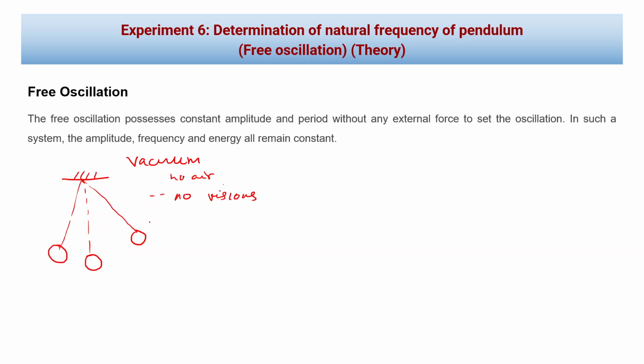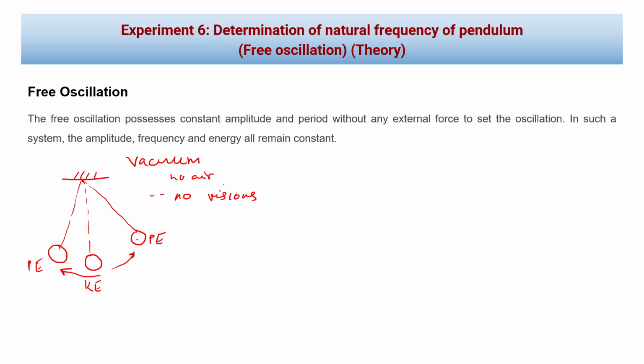If there is no viscous force, then whatever initially, if I took it to this position and left, it will keep on doing this motion. It will never stop. At this position, it has all the potential energy, right? And at this position, all the potential energy converts to kinetic energy. Again, at this position, all the energy is in the form of potential energy. In between, some part is potential energy, some part is kinetic energy.